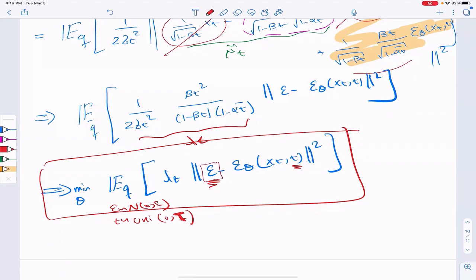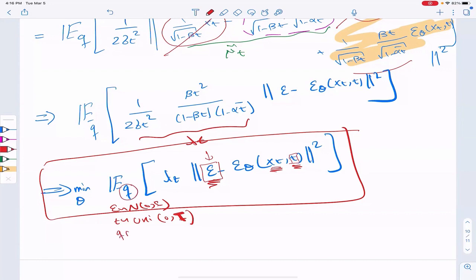So you draw a sample, you pick a t uniformly, so you have t here. You can compute xt, right? Because for a particular x0, you just do the forward process according to the distribution q.